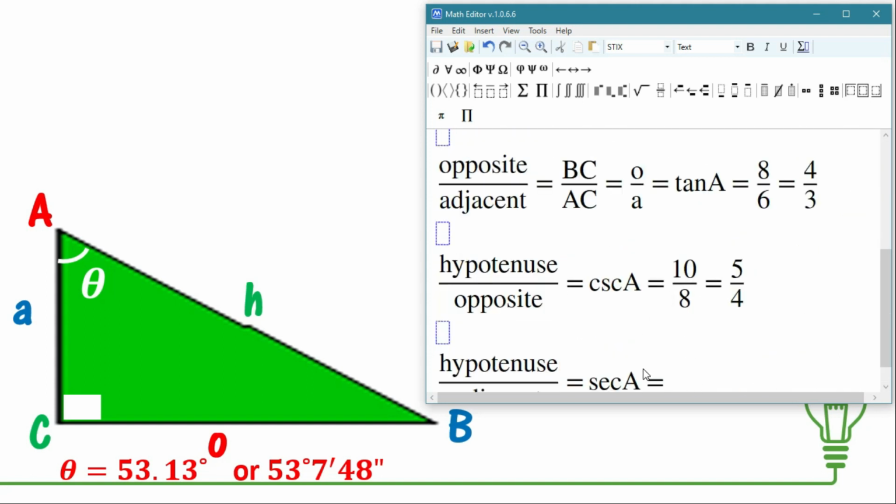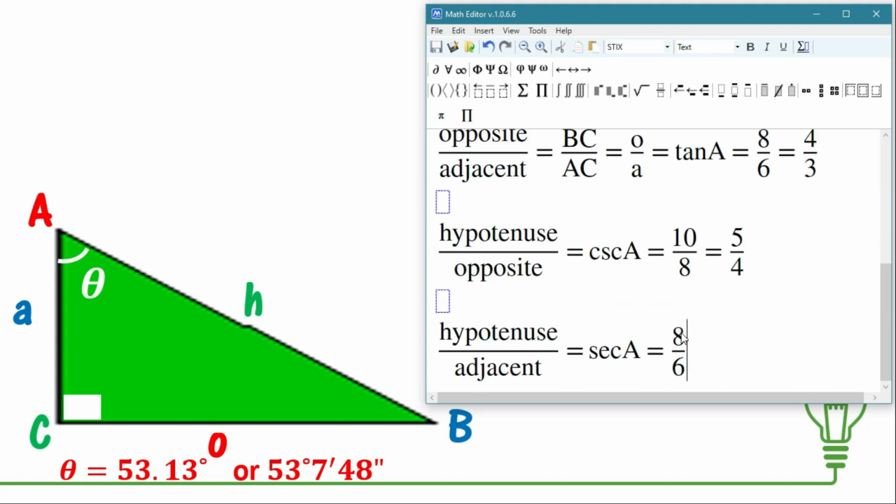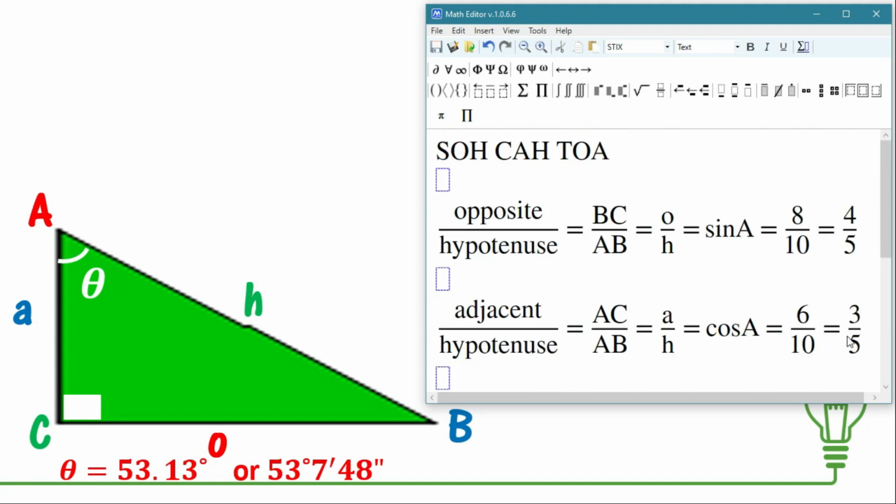Since we all know that the value of the hypotenuse is 10, and the adjacent side is 6. And if we simplify or reduce this to lowest term, that is equivalent to 5 over 3. Meaning to say, secant A is equal to 5 over 3, which is the reciprocal of the cosine function.